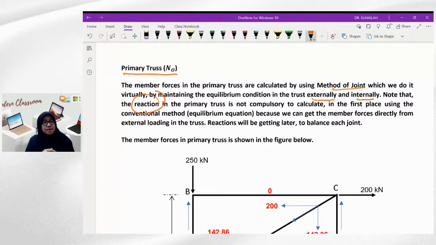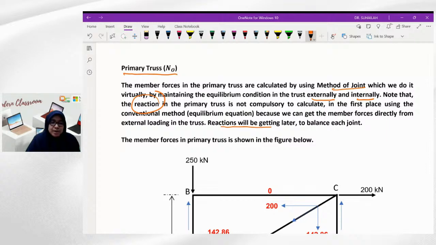At the end of the process, we will get the reaction. But what is most important is the member force, because we want the member forces to include in the table. So the reaction will be obtained later to balance each joint.